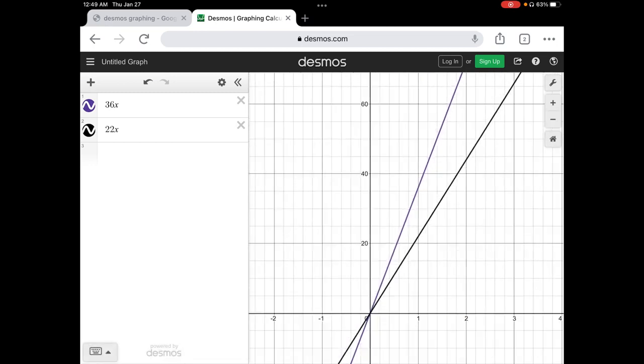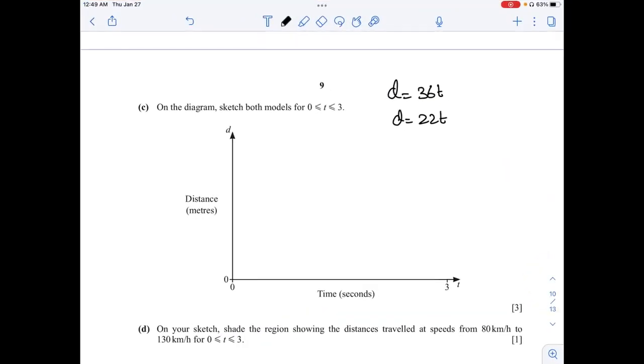You can see that it is a straight line passing through 0, 0. The black one has a smaller slope, and the purple one has a bigger slope. This is for 80, d equal to 22t, and this is for d equal to 36t.